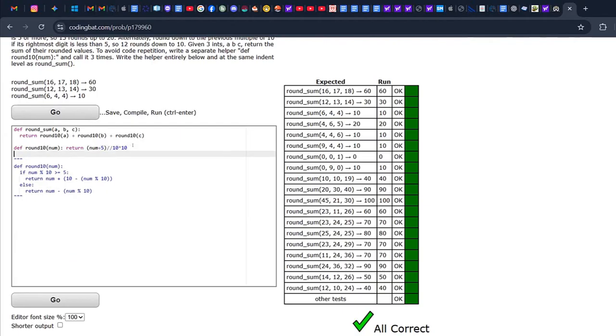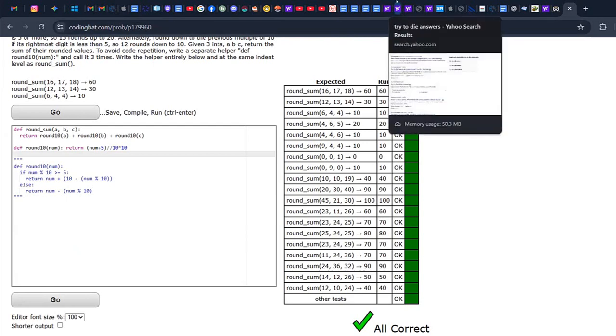Do you understand what this one is? Can you explain why?